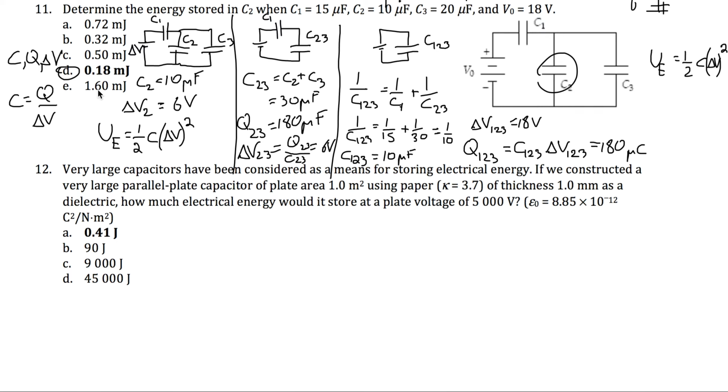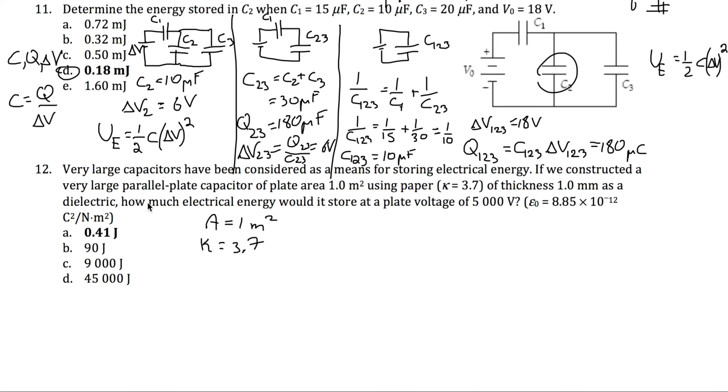Let's do the last one to finish up here. This one says that we're creating a very large capacitor, and we're given the area of the plates. We're given the dielectric constant kappa that increases the capacitance. It says it has a thickness of 1 millimeter.